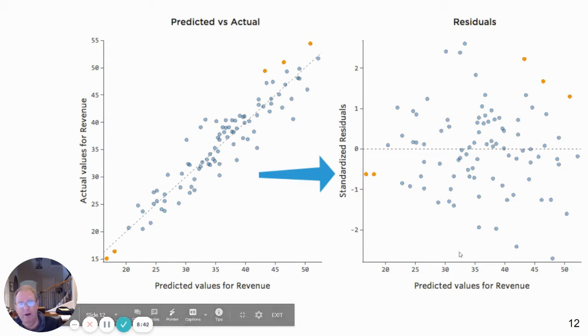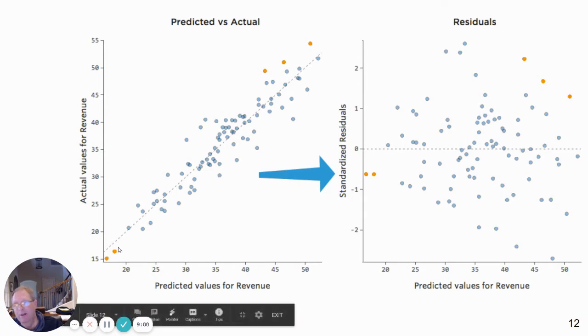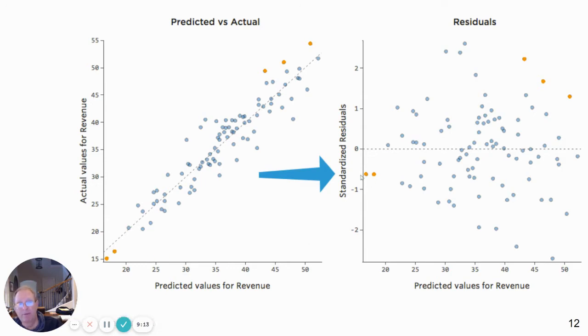Now, the residual plot always has the same x-axis as the original data. But basically what we're doing here is we're going to tilt that regression line so that it becomes a horizontal line. So you see these 2 points right here at the bottom of my scatter plot. These are below the regression line, so they correspond with these 2 points right here on my residual plot.